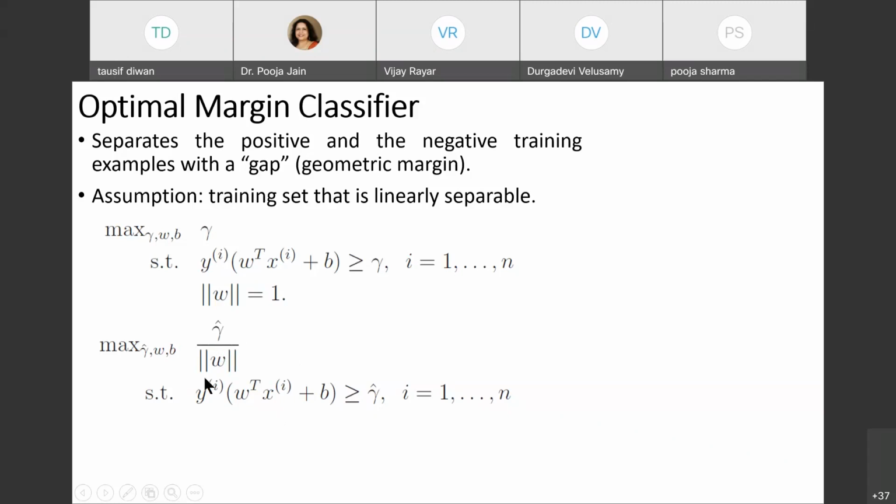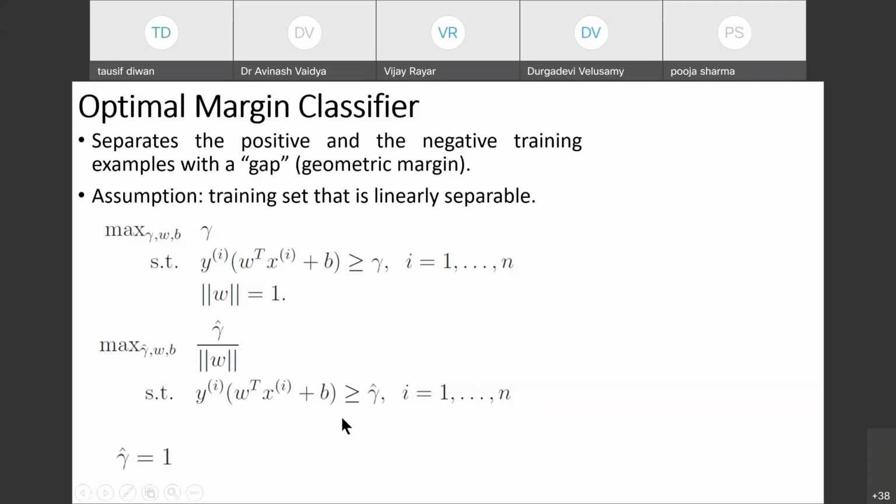Then what is this expression? This expression is maximizing 1 by norm of w. See, maximizing 1 by norm of w is nothing but minimizing norm of w. I am repeating this: maximizing 1 by norm of w is nothing but minimizing norm of w.